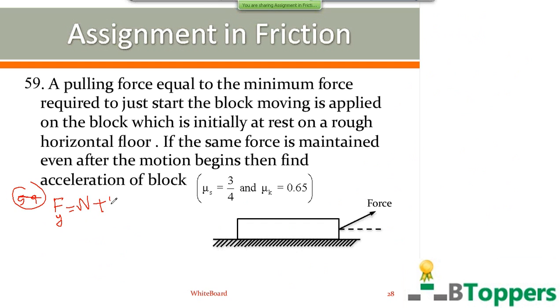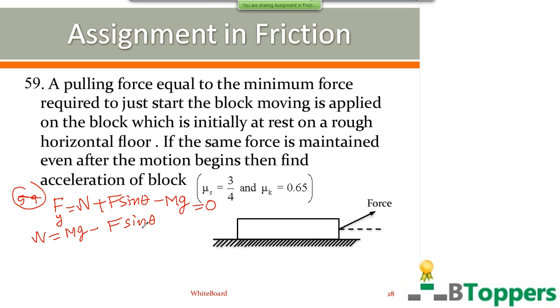The vertical component of pulling force, F sin theta, also acts upwards, and the weight mg acts downwards in the negative direction of y-axis. So the y component of resultant force is N plus F sin theta minus mg. But the block has no motion in the vertical direction, so it is 0. So the magnitude of normal reaction is equal to mg minus F sin theta.